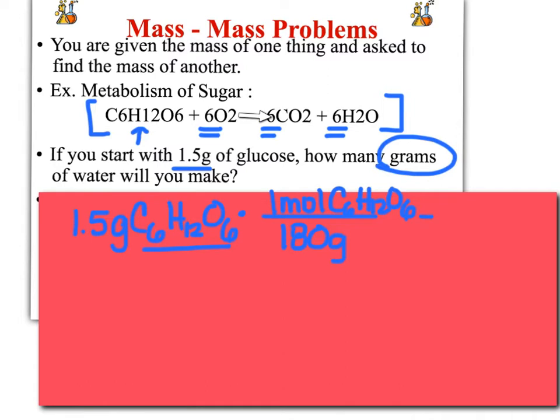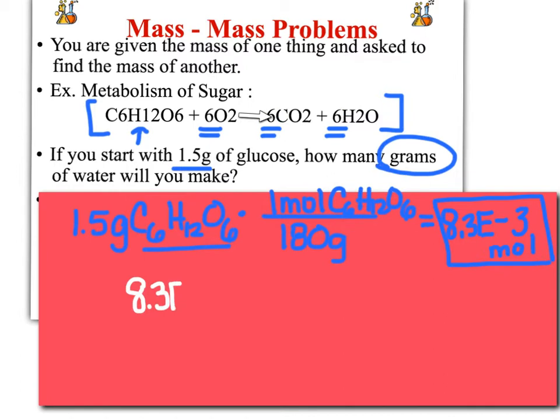Okay, so if we divide that out, we get that the amount of moles of glucose we have is 8.3 times 10 to the negative 3 moles. So this is how many moles of glucose we have. All right. Now, from there, what we want to find out, remember they're asking us how many grams of water we're going to make. So now we can do the same step we did the first time.